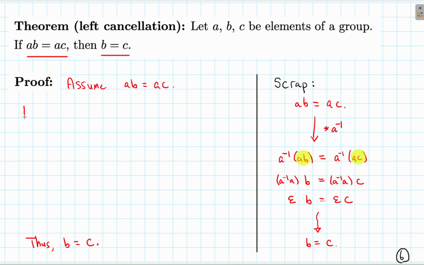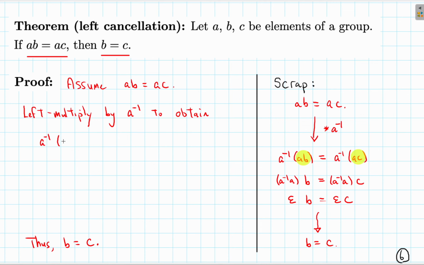We'll left multiply by A inverse to obtain, and notice here we're using the multiplicative notation. That's typically what we do as a default when we're talking about a general group. So we left multiply by A inverse to obtain the following.